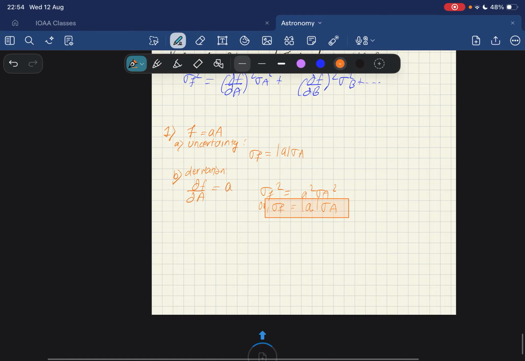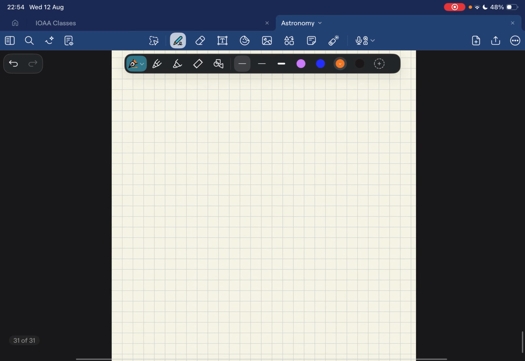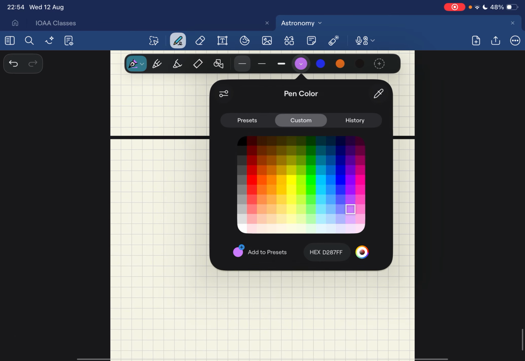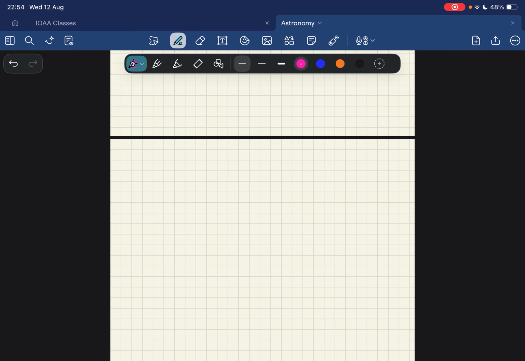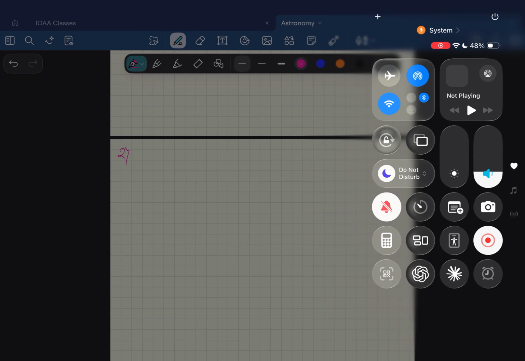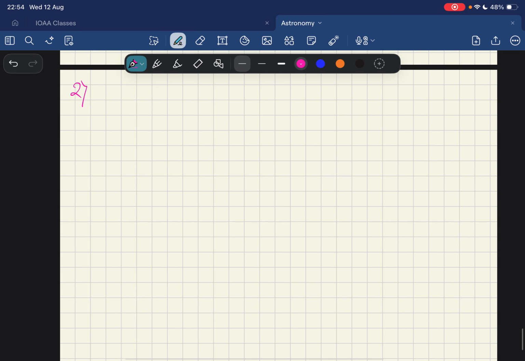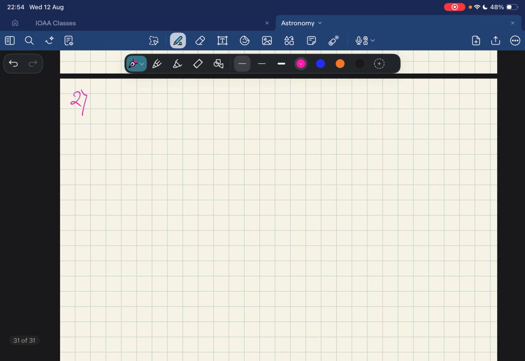Okay, so let's see, question number 2. For addition or subtraction, this is going to be the same thing: sigma f squared equals sigma a squared plus sigma b squared. Everybody knows this, but where does it come from?